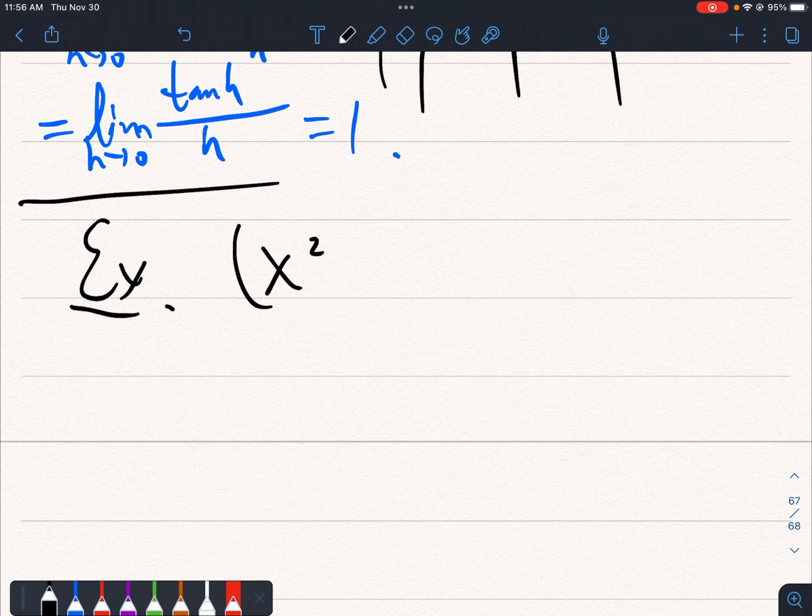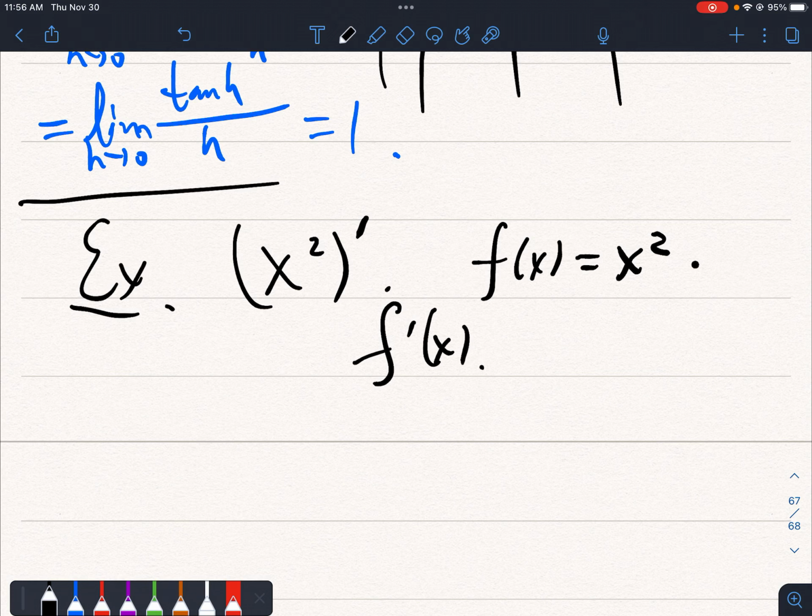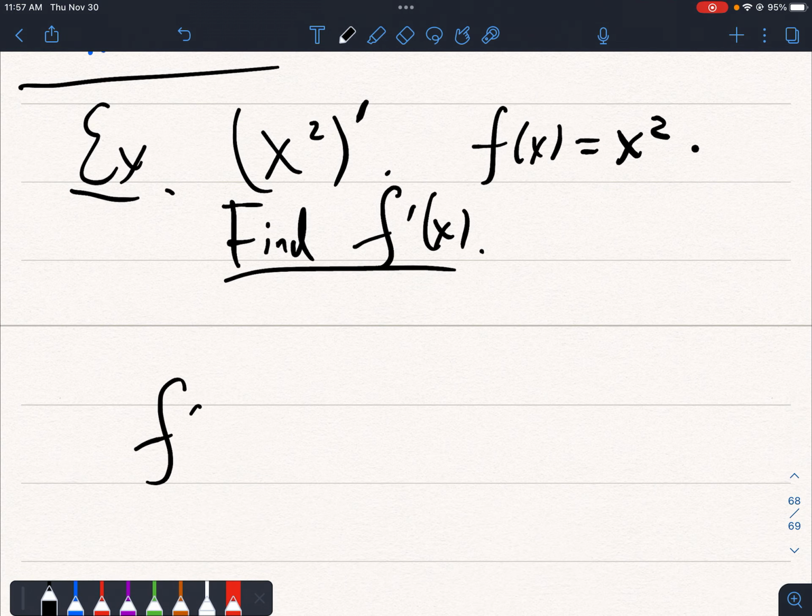Okay, so maybe we can do a simple exercise. So maybe we can try to find the derivative of x squared. So we denote it by this. Okay, so which means given f of x equals x squared, we want to evaluate the derivative of f at any point x. Okay, so we're asked to find this f prime of x.